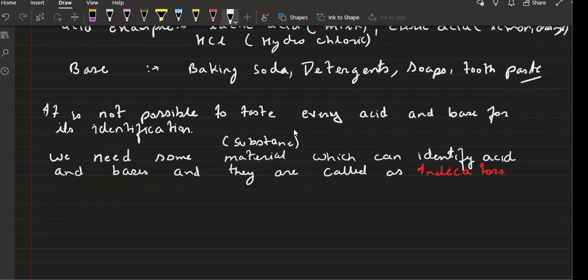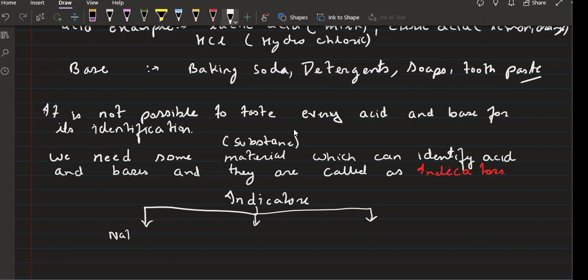So I can say that indicators are generally of three types. First, natural indicators.